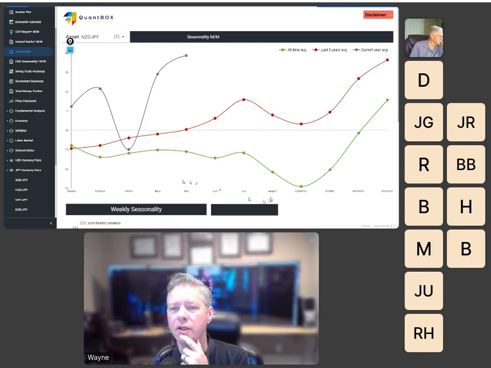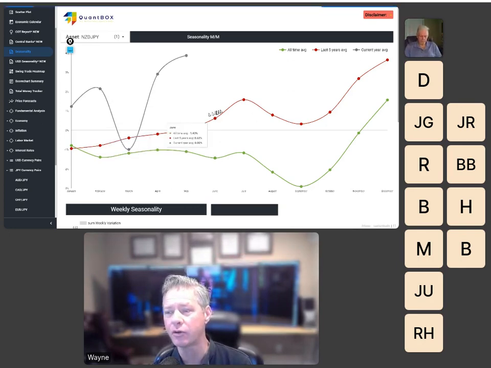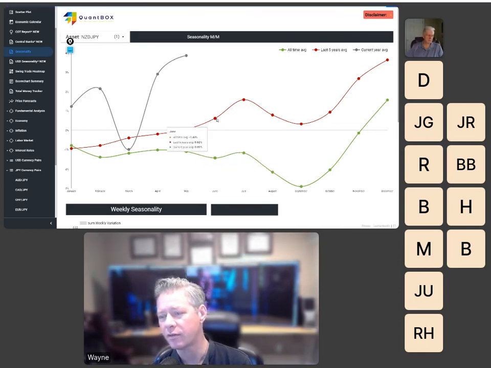So I go to this chart. This shows Kiwi yen has been way up this year, way higher than normal. But somewhere between June and July, this asset comes down over the last 5 years, but also over the last 20 years. Over 20 years, it's more like June, July, right here. In the last 5 years, it's somewhere June, July.